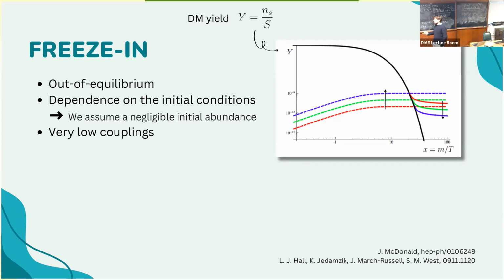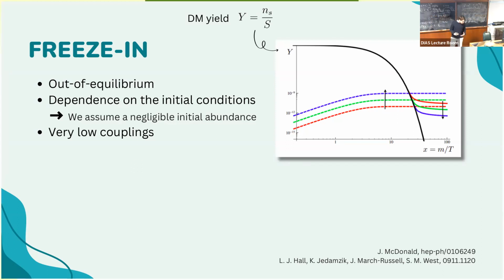Because if you imagine you get loads of production through the inflaton or something like that, it never thermalizes, so the number density remains until today. So if on top of that you get some freezing, you might just overproduce. So normally it's assumed a negligible initial abundance.